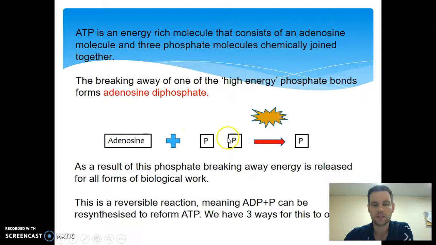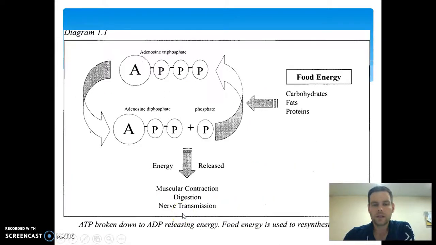The molecule we're left with is called ADP, or adenosine diphosphate, plus another phosphate just sitting off the edge. There are 3 ways in which we can resynthesize this ATP from ADP, and the first one is this way. It's important to mention that this is a continuous cycle.